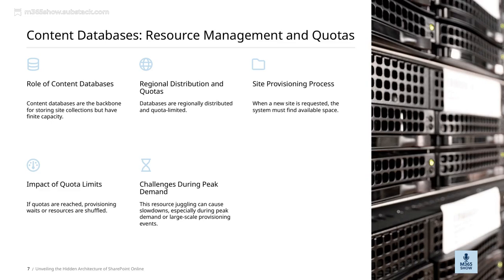This process involves checking regional distribution and quotas to ensure the new site fits within the capacity limits. So, in summary, content databases are regionally distributed and have quotas that limit their capacity. Understanding these limits helps us appreciate how SharePoint Online manages its resources and maintains performance, even under heavy demand.